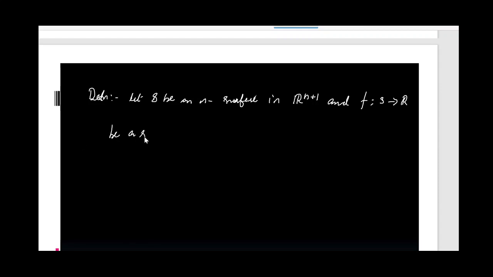Definition. Let capital S be an n-surface in R^(n+1) and f from S to R be a smooth function.